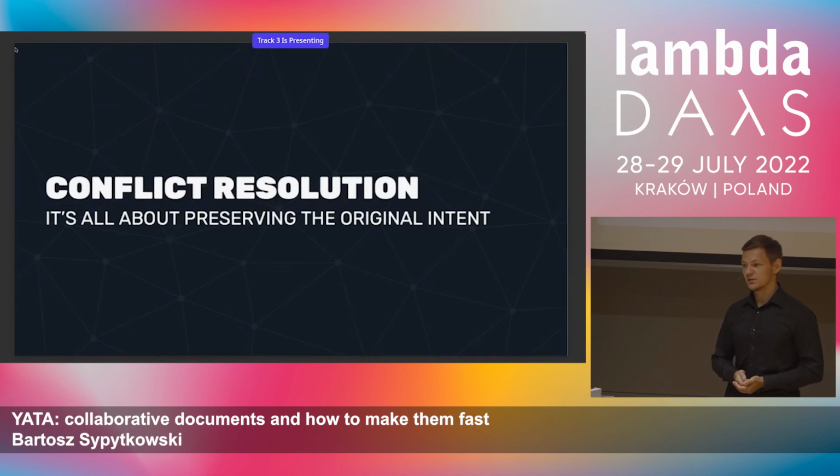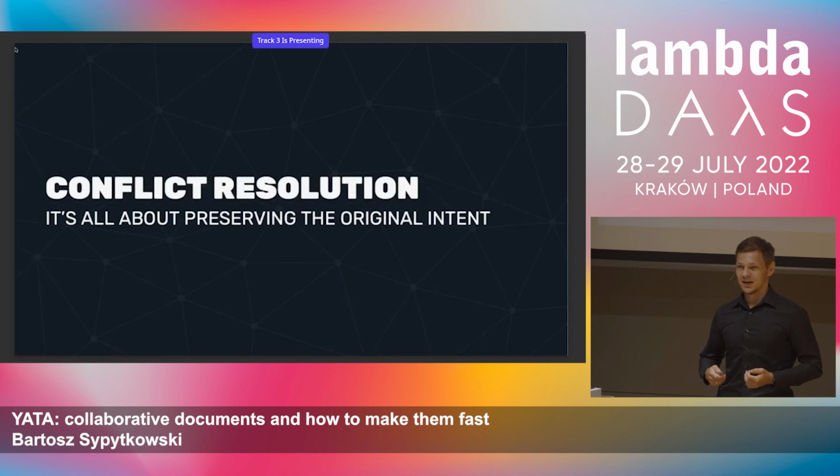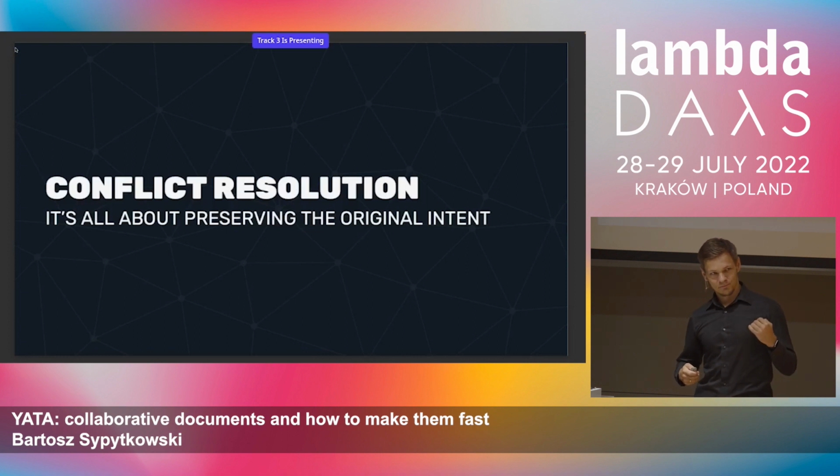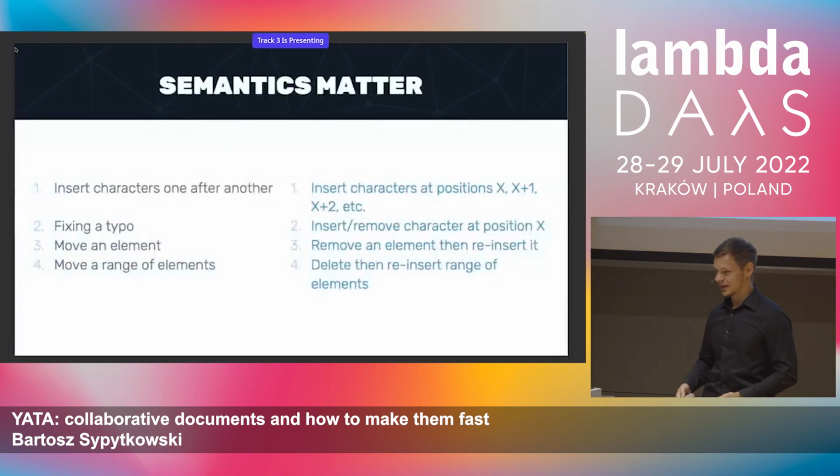And honestly, we as developers are very bad about preserving the intent, because most of our jobs, I think, is about taking the intent from the users, from people who are not developers, basically, and turning it into code, right?